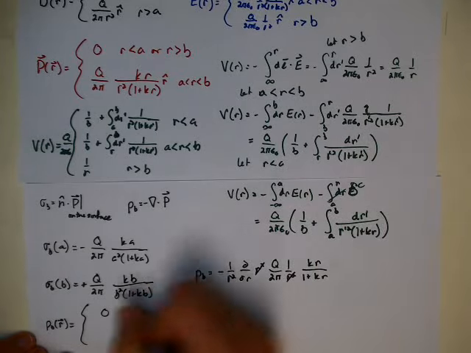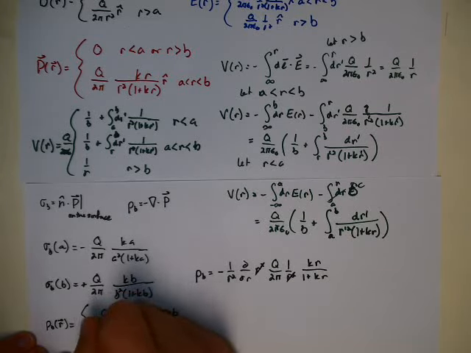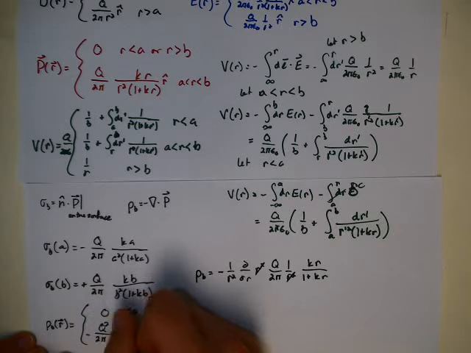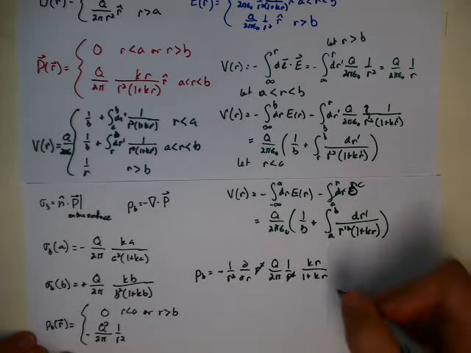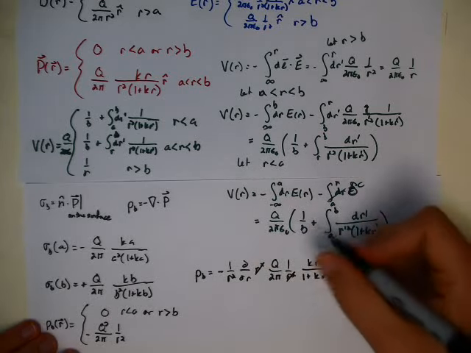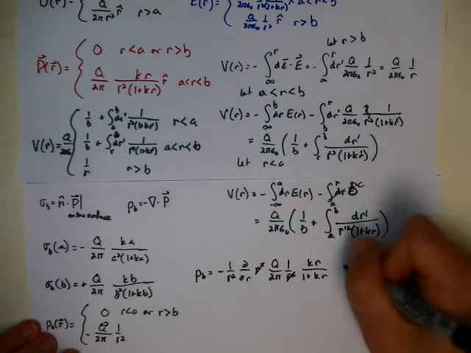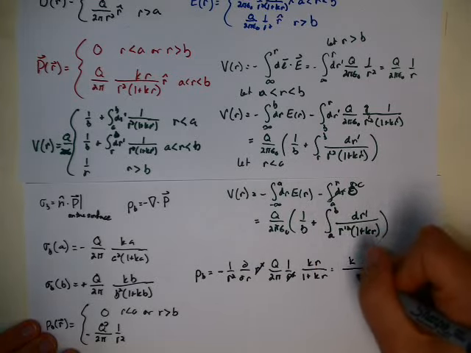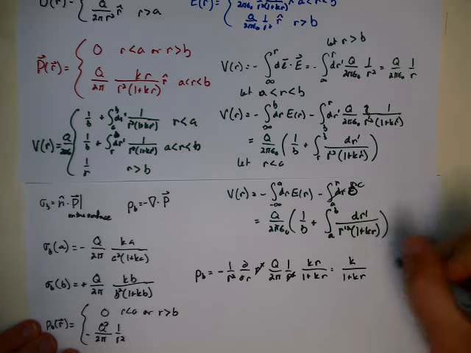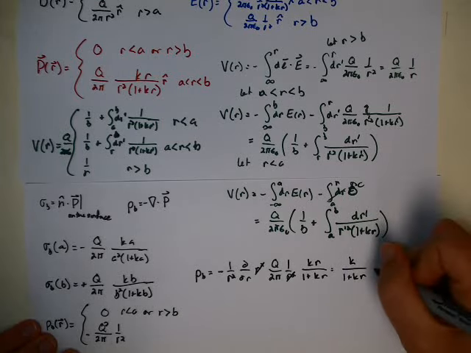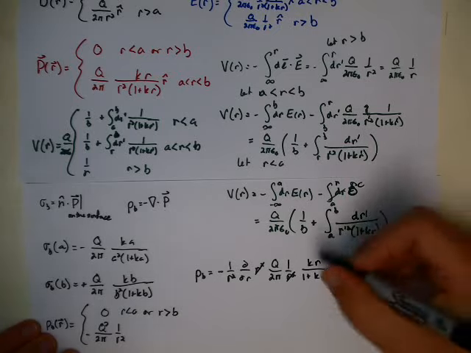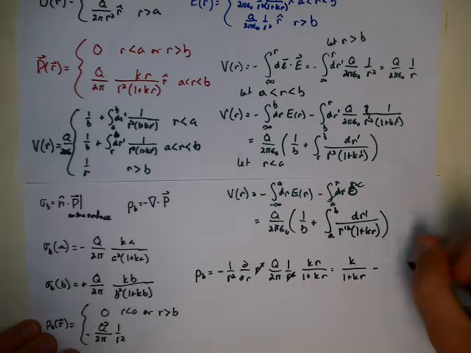And then in the middle I'm going to get minus Q over 2 pi, 1 over r squared, and then the derivative here. So the derivative can either hit the top, and if it hits the top we're just going to get K over 1 plus Kr, and if it hits the bottom we're going to get minus, because it's something to the minus 1 power, the derivative is going to give us K squared r over 1 plus Kr squared.